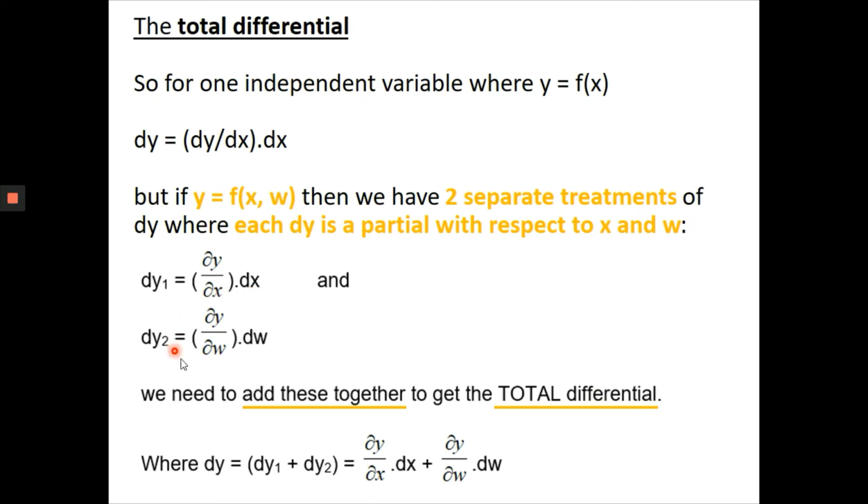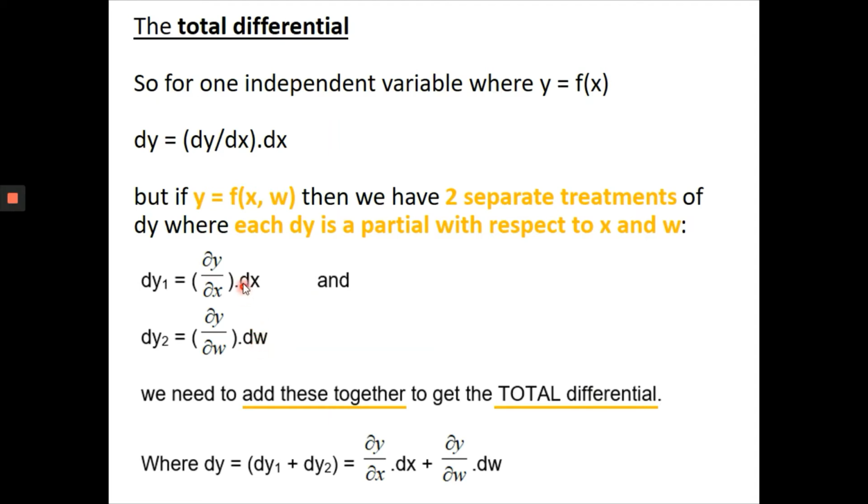And down here, we are calculating the change in y due to a change in w. Similarly, to work this out, we would partially differentiate this function with respect to w, and we would include that here, multiplied by dw.